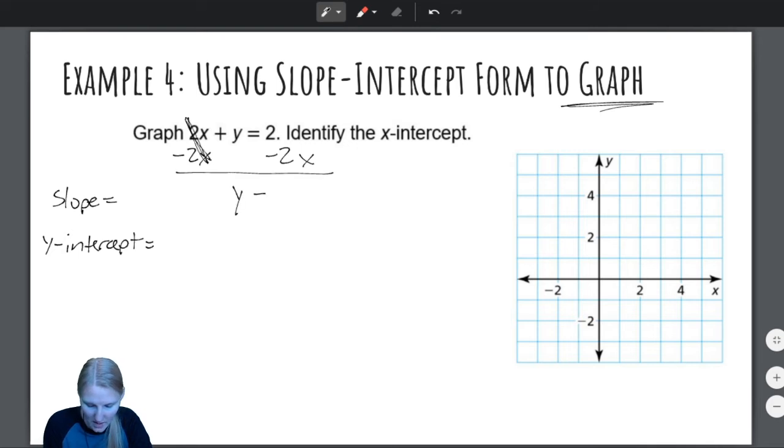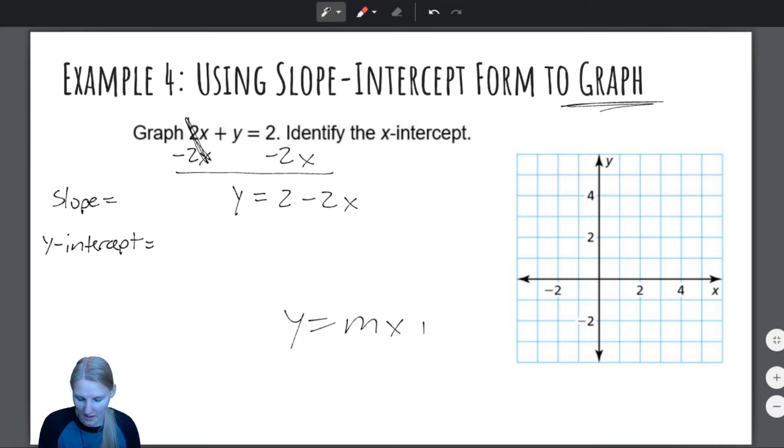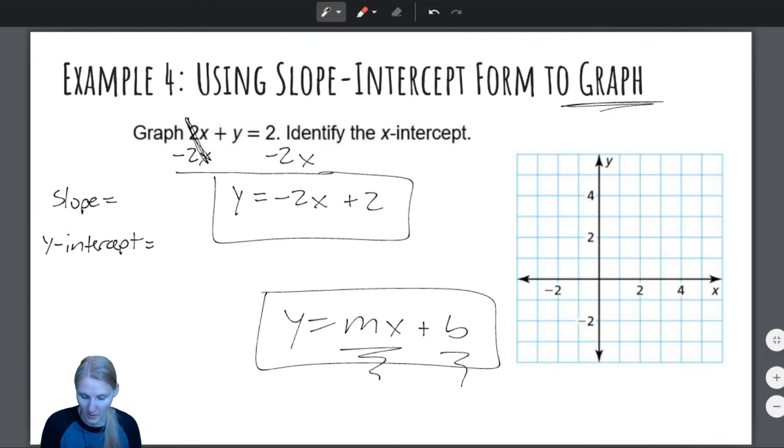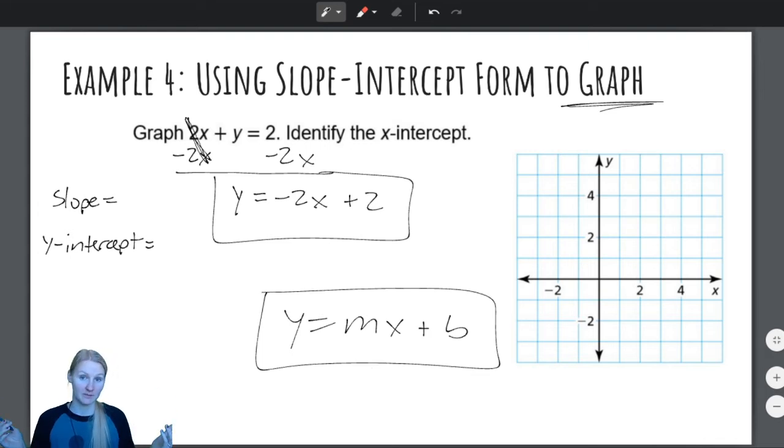We're left with y equals negative 2x plus 2. Now, some of you might have said y equals 2 minus 2x, but remember, we want y equals mx plus b. I want x to come first and b to come second. So we're going to write negative 2x plus 2, because now this is in the form y equals mx plus b. Okay, awesome. That is step number 1 done.